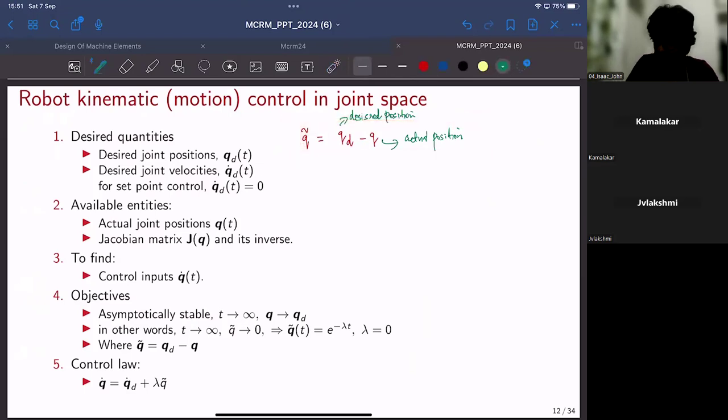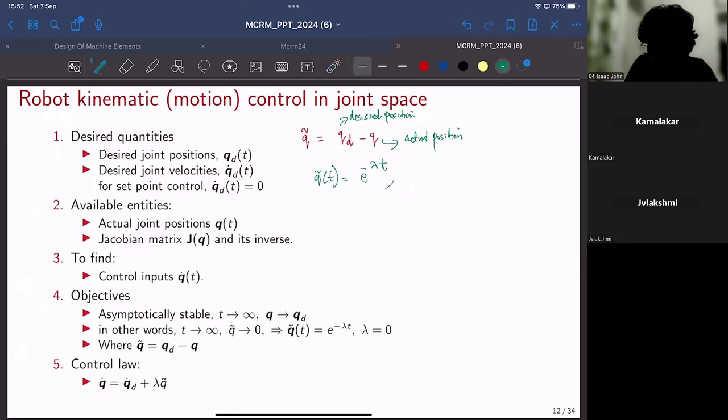And if I force Q tilde of t to be e raised to minus lambda t, if I want this error to behave as per this law, then we can say that the system is asymptotically stable, right?